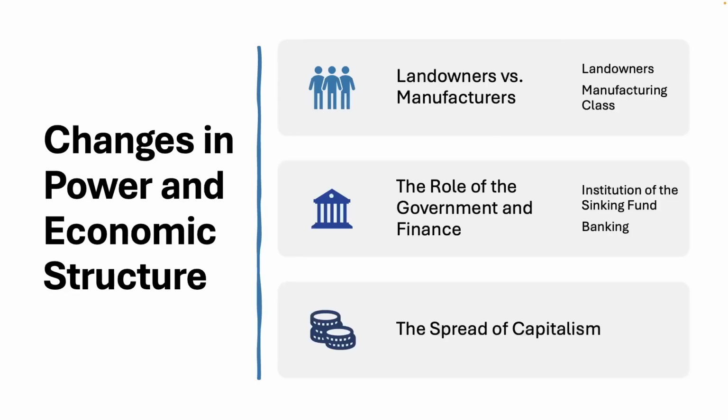We see the spread of capitalism, investment in factories, in railroads, in mining, all marking a shift away from the traditional feudal system. And we're seeing instead emerging capitalist economies where industrialists were the ones who held the significant wealth and the significant power.